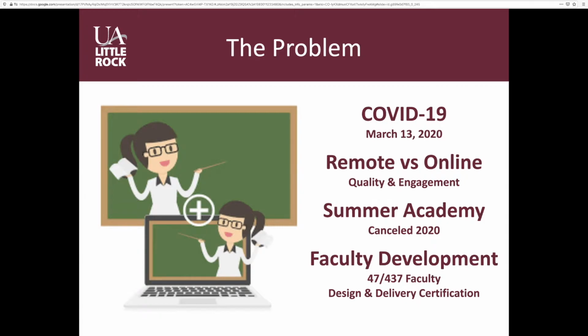Of course, we had resources available, but we needed to make something quickly accessible for faculty. We had quite a bit of faculty who have never taught online, and this transition to remote delivery was something they needed support for. That's where our department came in.